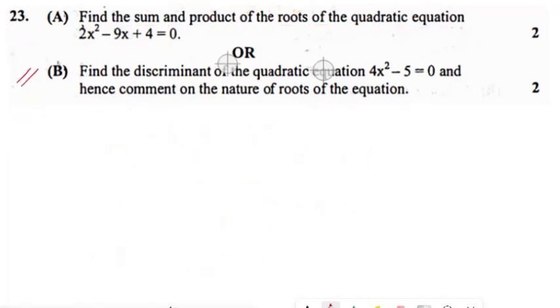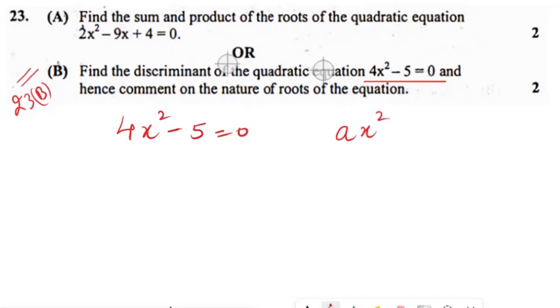If we solve question number 23b, here again this is a quadratic equation. 4x square minus 5 is equal to 0. First of all, write this equation in standard form. Standard form is ax square plus bx plus c is equal to 0.